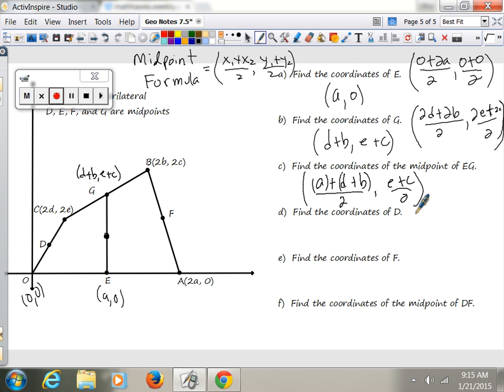I don't need to put the 0 in there because when you add 0, it doesn't change anything. So this right here would be the coordinate of that middle point of EG. Nothing you can reduce there. Completely reduced already. I just added this x1 plus this x2 divided by 2. I added this y1 plus this y2 divided by 2.